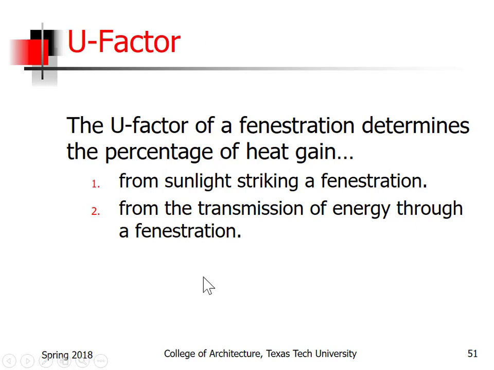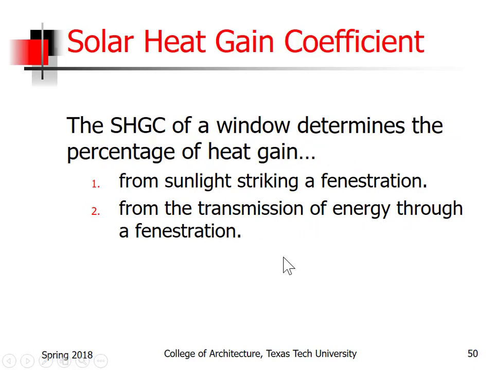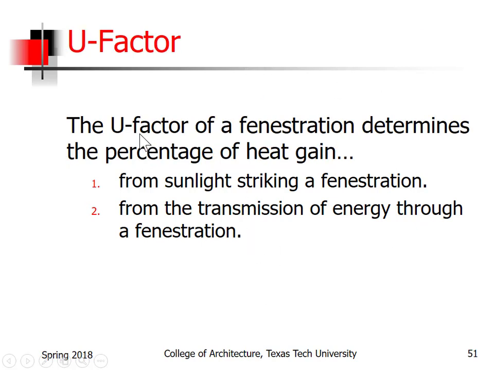I'll let you answer that. The U factor of a fenestration determines the percentage of heat gain from sunlight striking a fenestration or from the transmission. So the solar heat gain coefficient controls which one of these, and the U factor controls which one of these.